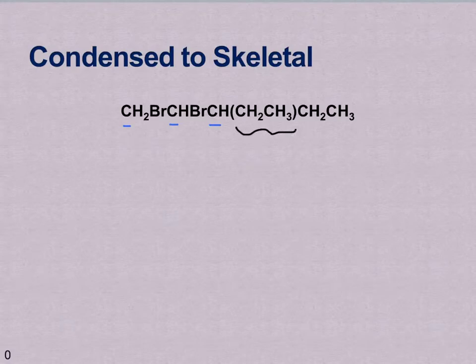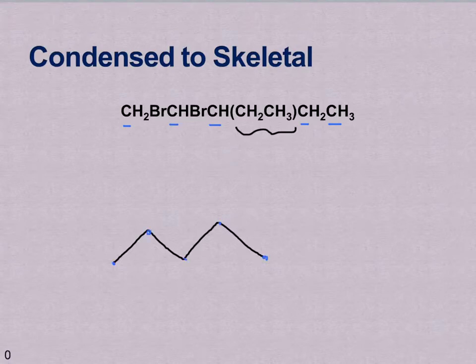I note that this in parentheses is part of a side group, so I'm not going to include that in my base chain or the main chain of my carbon atoms. So I've got 3, I have 4 carbons and 5 carbons. So now when I draw my structure, I have 1 carbon, 2, 3, 4, 5. And so we can go back and check this. So there's 1, 2, 3, 4, 5.